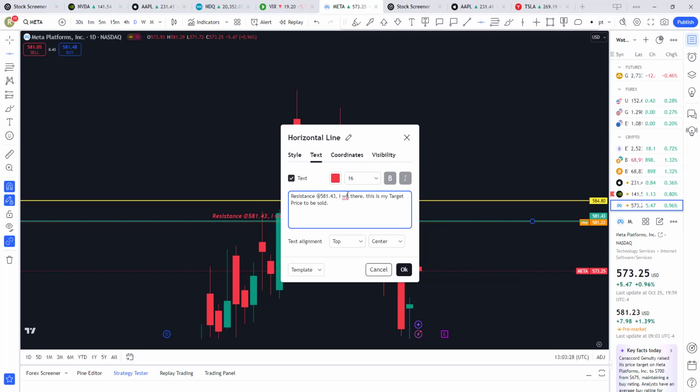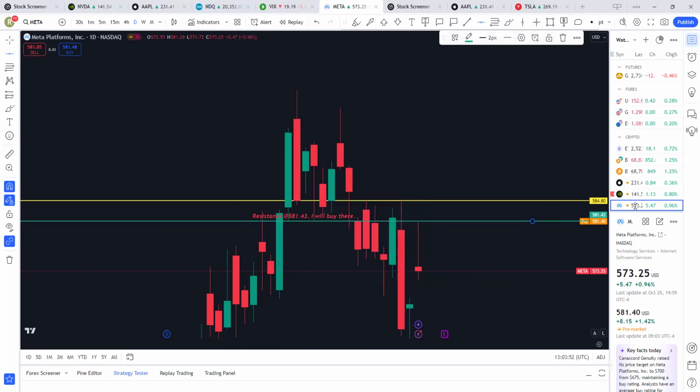All right, that's good. So I will buy there. This is my, I will buy this price there. Okay, so you will buy at this price. That's your target price. That's your support. You see, when it goes back to 581, I will buy.